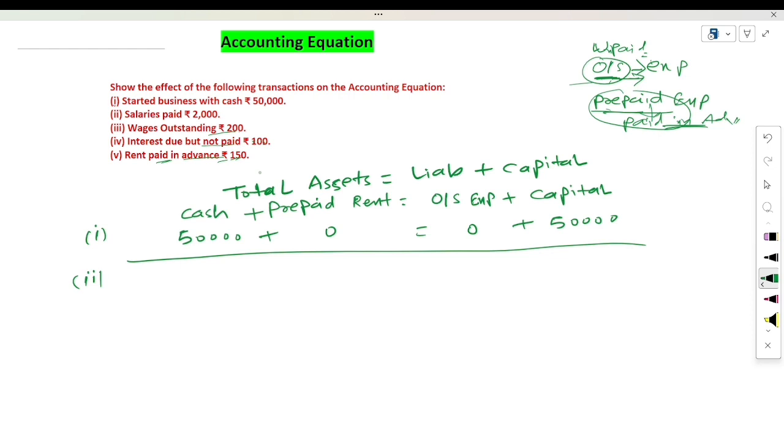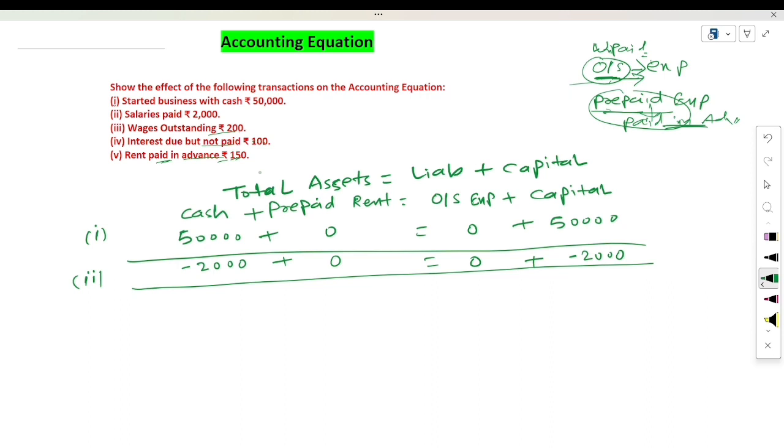Any payment, salary, wages, rent, all these payments will be made through cash. So we will reduce cash by rupees 2,000, plus 0 is equal to outstanding expense 0.